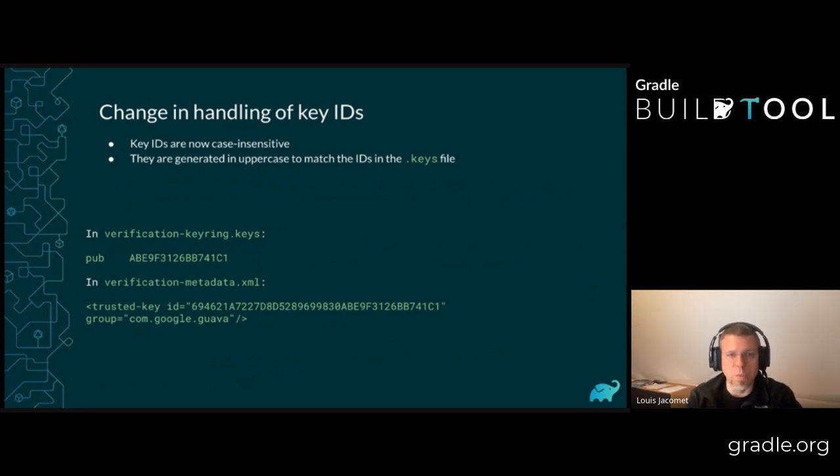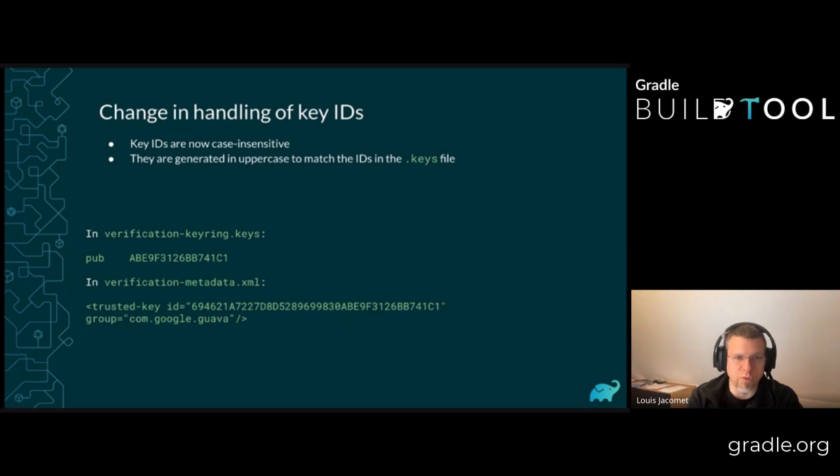Key IDs used to be case sensitive, which made no sense because in practice for PGP they're not. So they are now properly case insensitive. And we also generate the key IDs in uppercase in the dependency verification file to match what can be found then in the armored keyring.